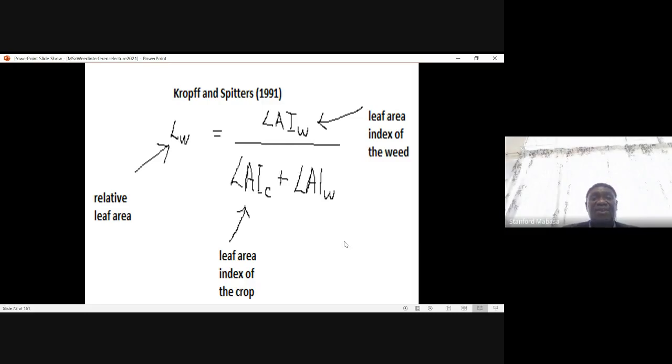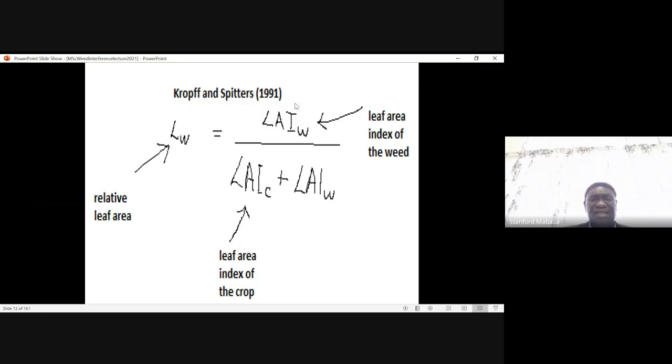Now, this is the approach which was used by Croft and Spitters in 1991. Instead of using weed density, they used relative leaf area, and this is how they obtained their relative leaf area.